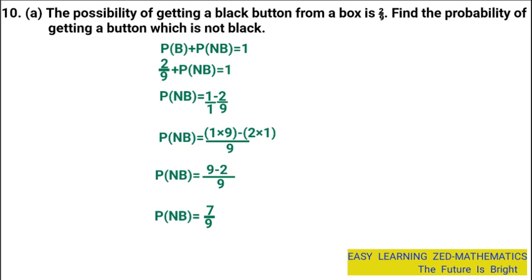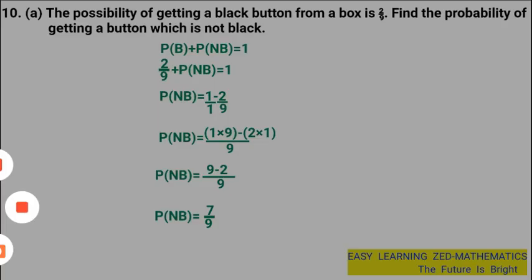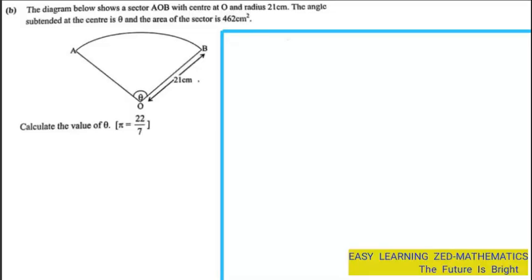Let's go to question number 10b. Question 10b was: the diagram below shows a sector AOB with the center at O and radius 21 centimeter.